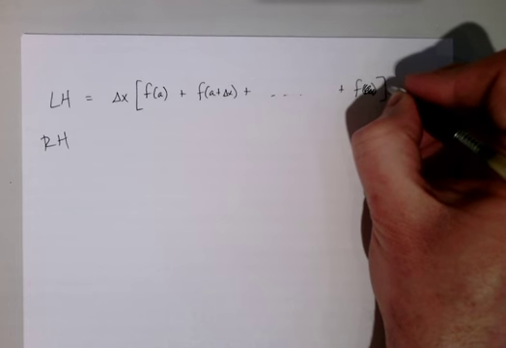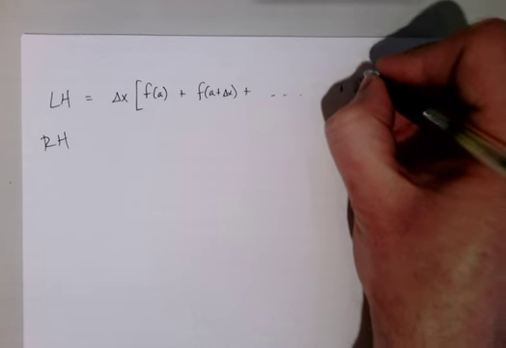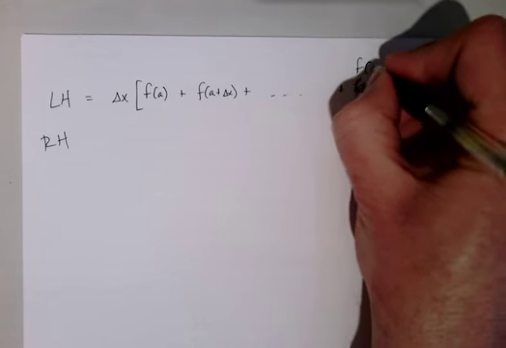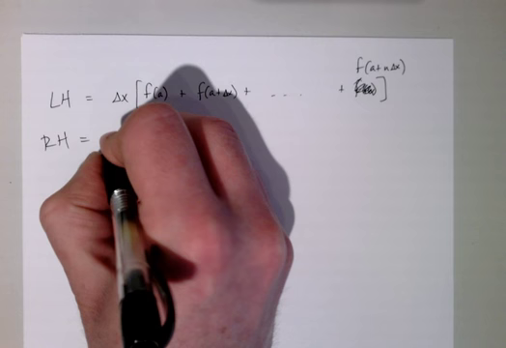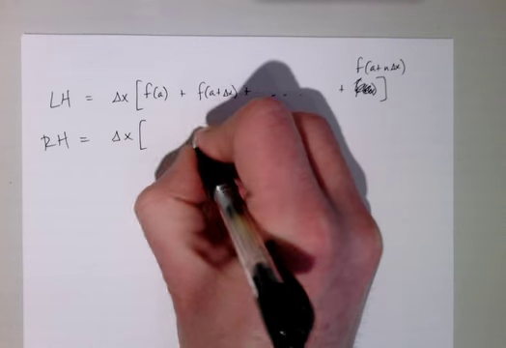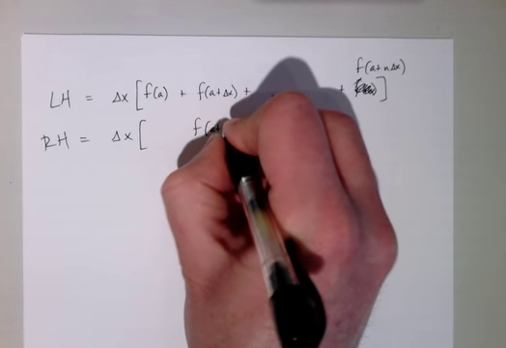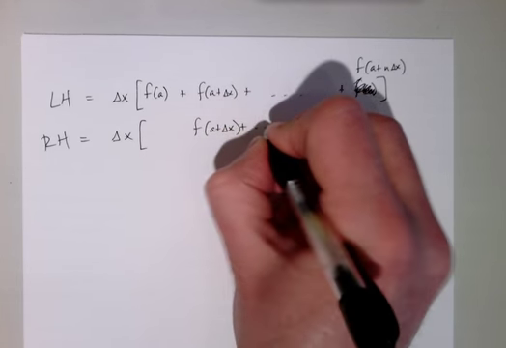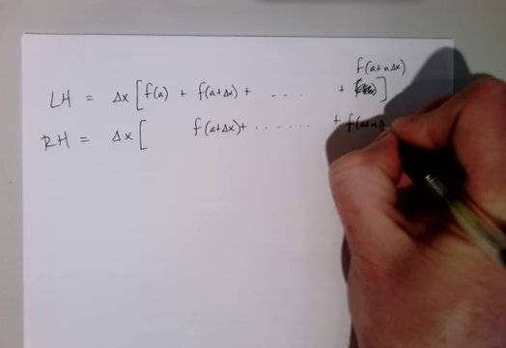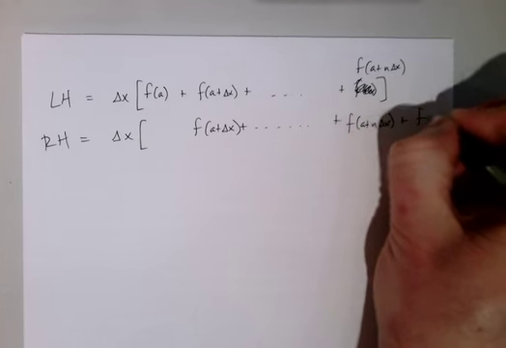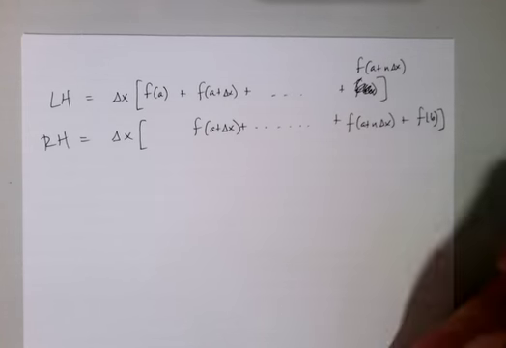Well, the right hand doesn't start there, it starts over here. Dot, dot, dot, plus f of a plus n delta x plus f of b.